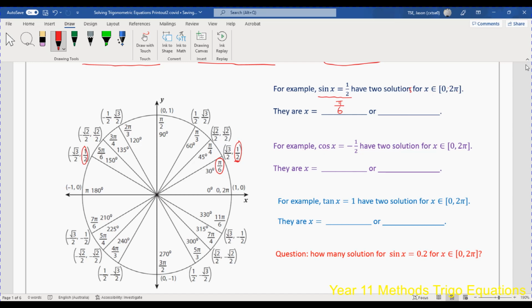The angle here is 150 degrees, because you can consider the angle rotating from 0 to 150 like that. So the other angle is 150 degrees, but again, we're not going to use 150. We're going to use 5 pi over 6.